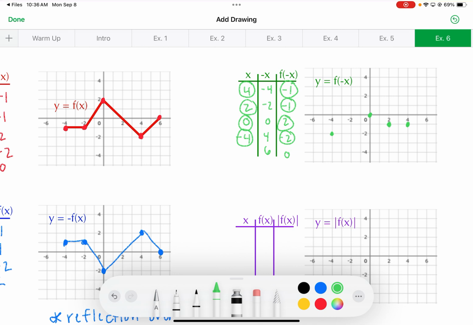And if I would like negative x to be a 6, that means x has to be negative 6 initially. So I'd plot negative 6, 0. Oh, I plotted 0, 2 wrong, didn't I? Oops. Should be up there.